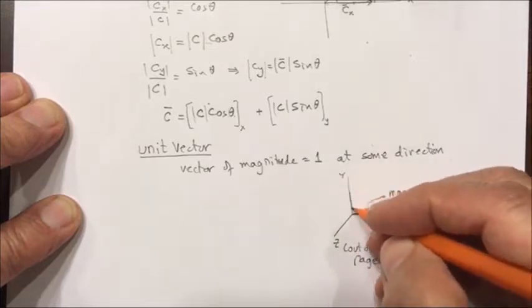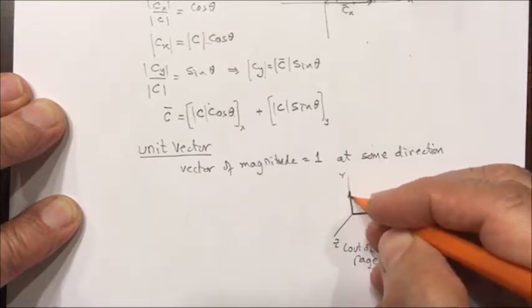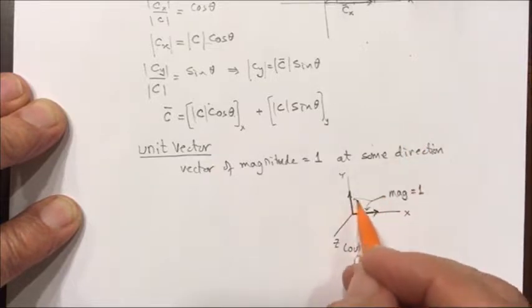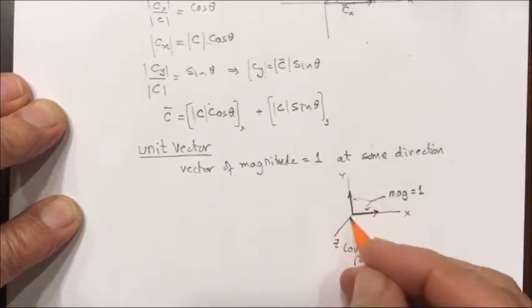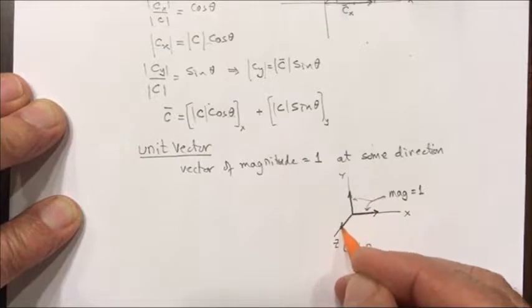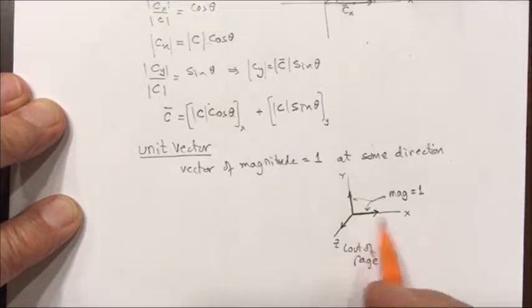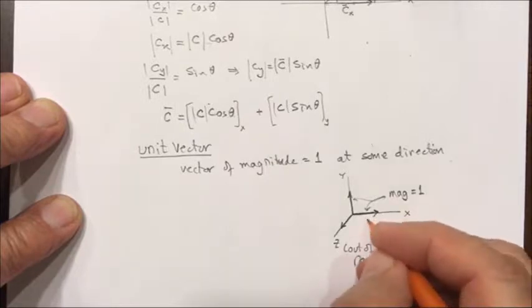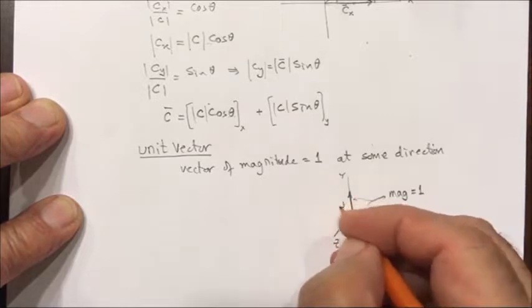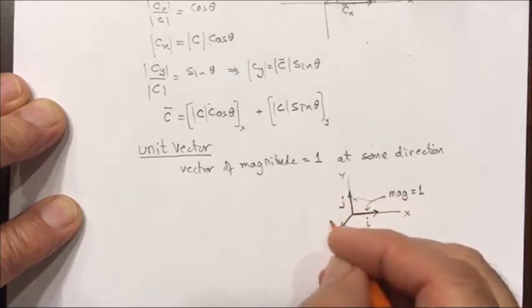A second unit vector is again of magnitude 1 and the direction is in the y, and a third would be in the z direction, again magnitude 1 and in the z direction. And because these are very specific, being in the x, y, and z directions, we have names for them. This vector is written as the vector i, this is written as the vector j, and this is written as the vector k.